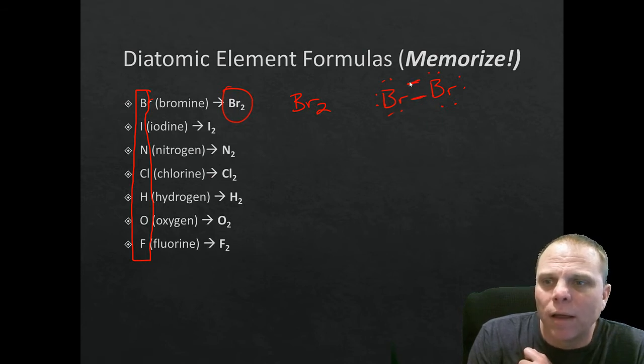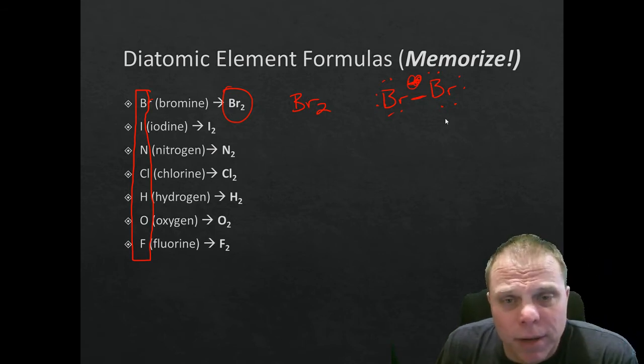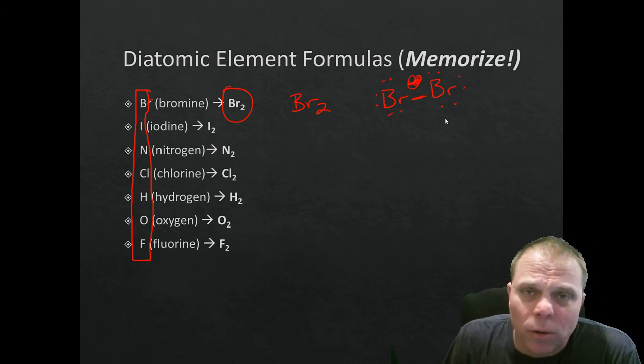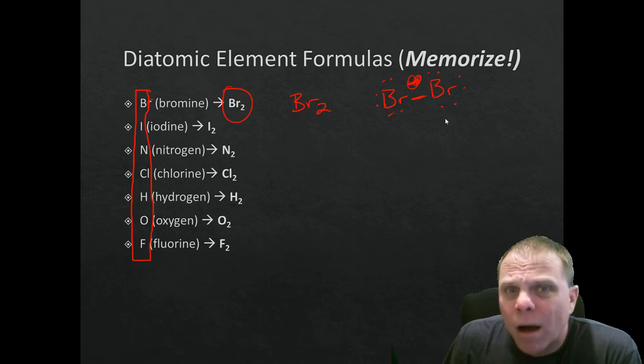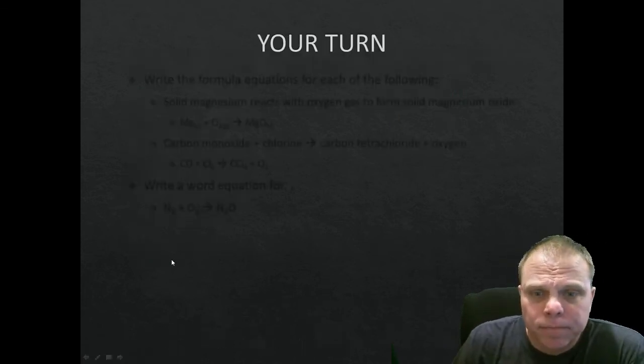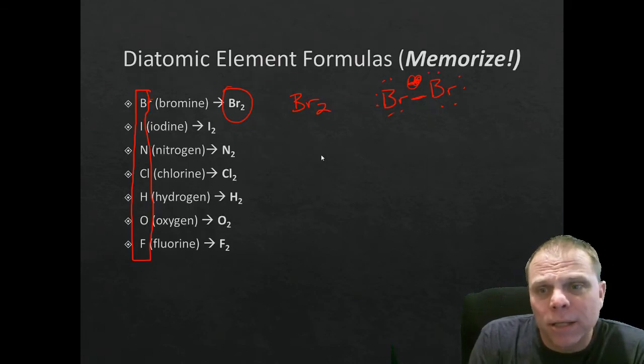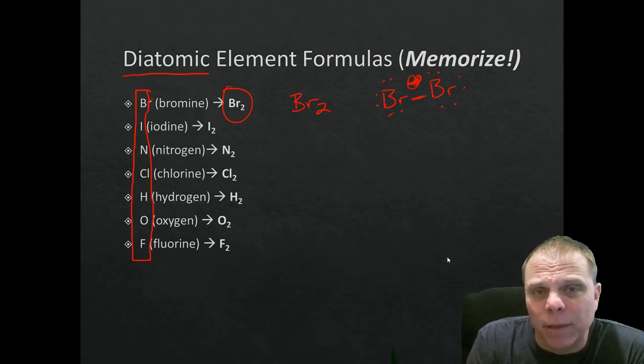That's not meant to indicate a double bond there. You're going to end up having pairs of all of these. So bromine, iodine, nitrogen, chlorine, hydrogen, oxygen, and fluorine all will form bonds with each other, and that's why they're always forming these diatomic elements, okay?